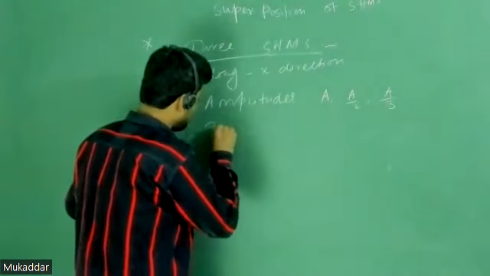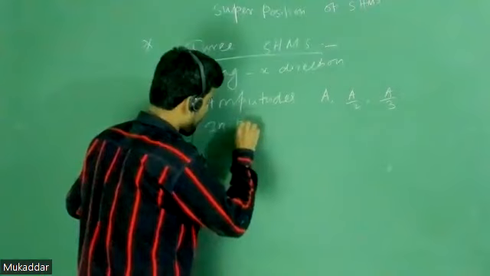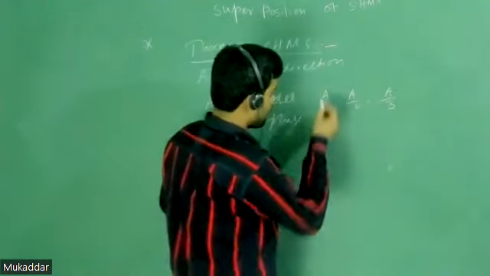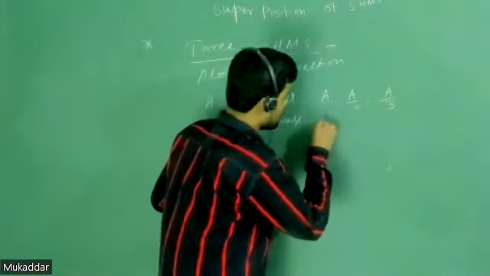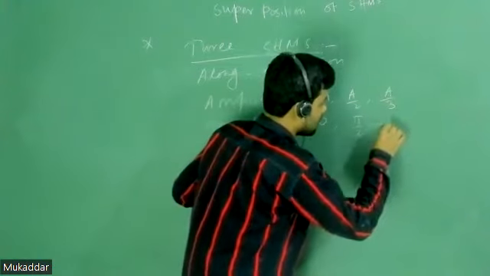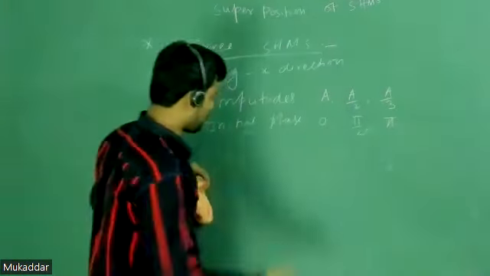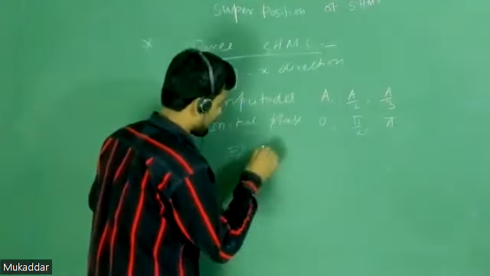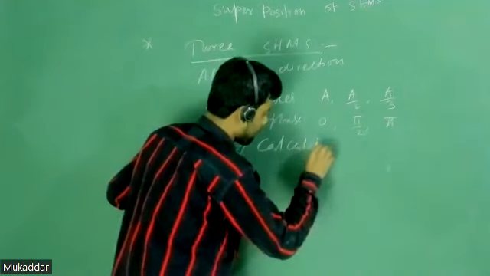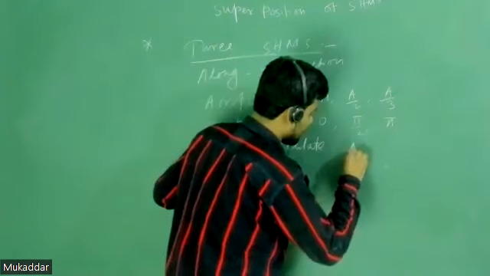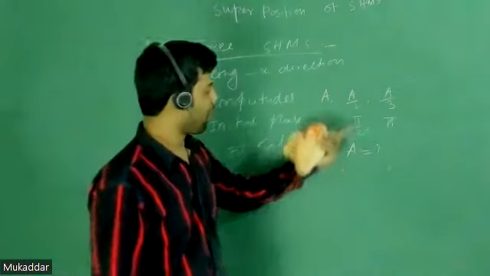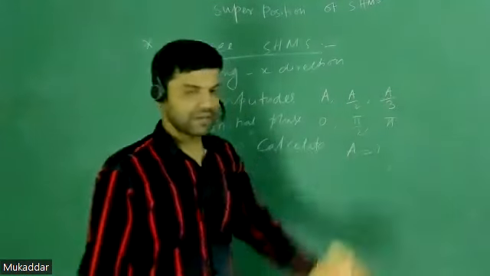The initial phase for SHM number 1 is 0, for the second it is pi by 2, and for the last it is pi. Now you have to calculate A, meaning the amplitude of the resultant of three SHMs.